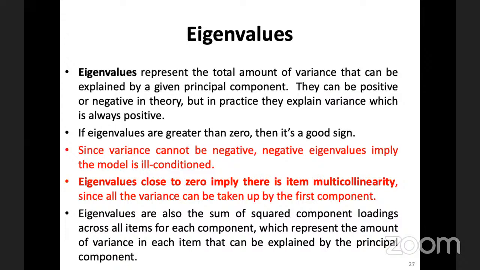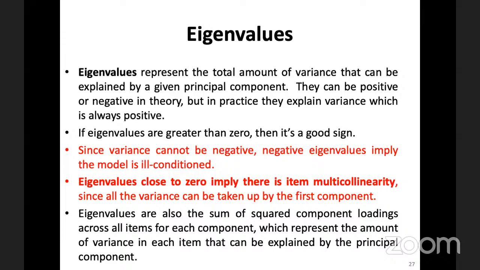Another way of looking at it is eigenvalues. These eigenvalues are able to explain how much variance these individual factors are explaining, and we can identify this with the help of the eigenvalues.